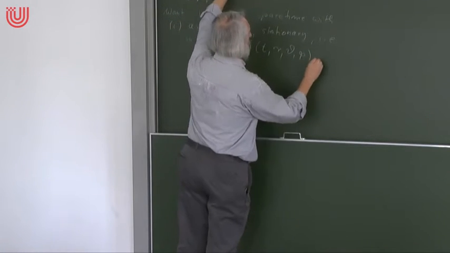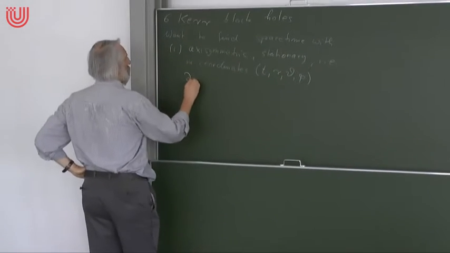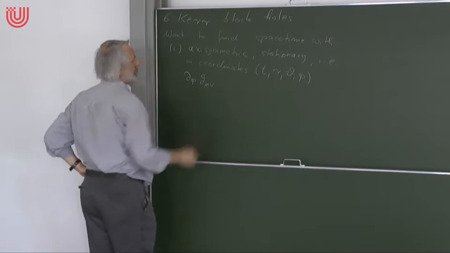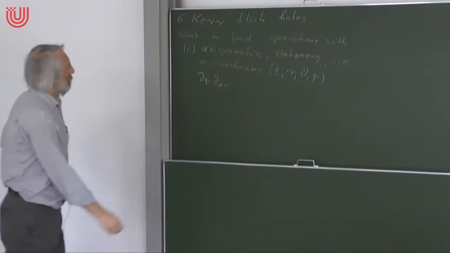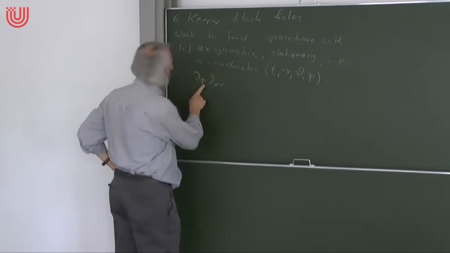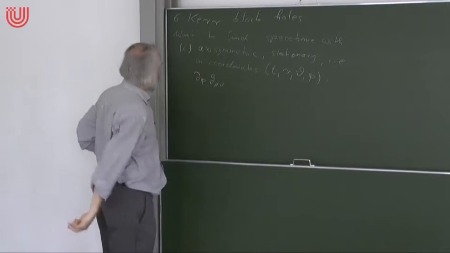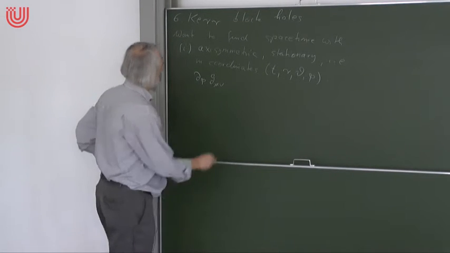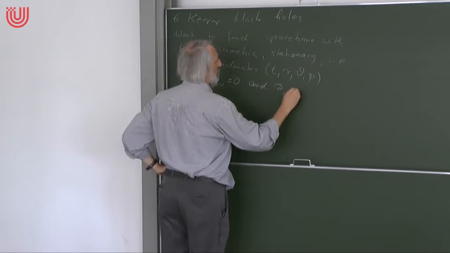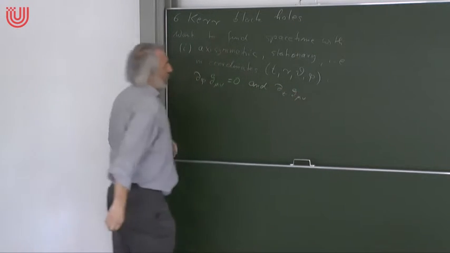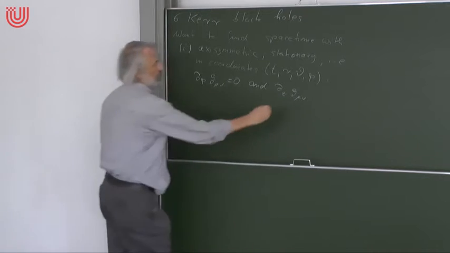And then we must have that the metric is independent of phi. That's axisymmetric, rotationally symmetric about the z-axis. Phi is the azimuthal angle with respect to the z-axis. So this is 0, and this is 0.